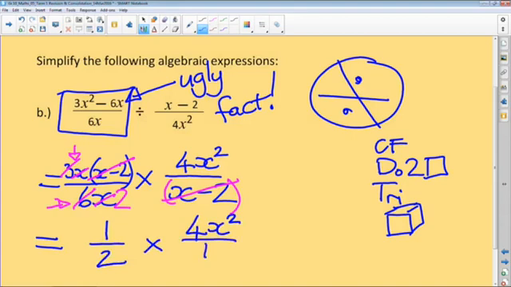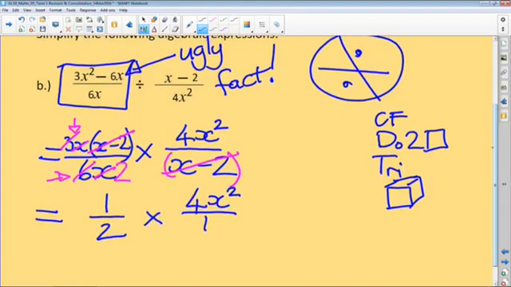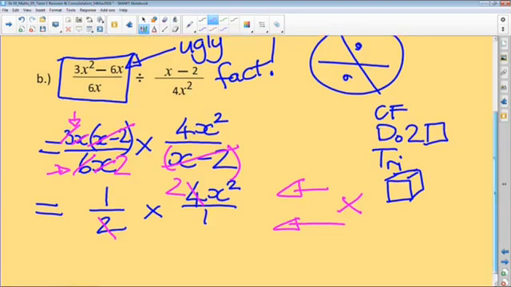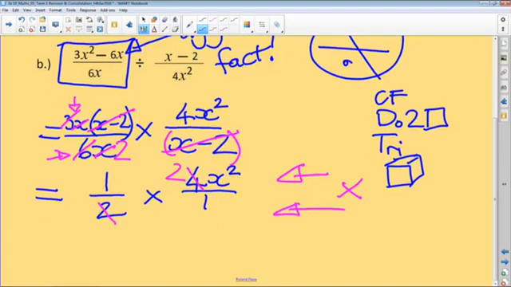Oh, I have some more cancelling I could do. I could have done this in the other step. The 4 can cancel with the 2. The reason this can happen is because anything in the numerators can cancel with anything in the denominators as long as the fractions are being multiplied by each other. So that means we have a final answer of 2x squared.